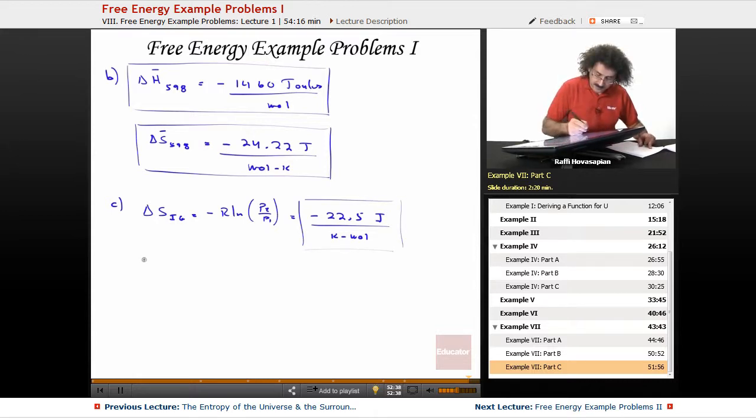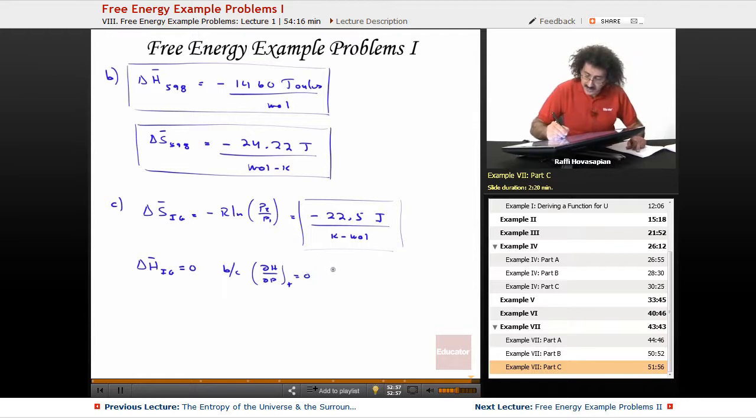Delta H for the ideal gas equals 0. The reason it equals 0 is because dH/dP at constant T equals 0 for an ideal gas. Remember the Joule-Thomson coefficient for an ideal gas.